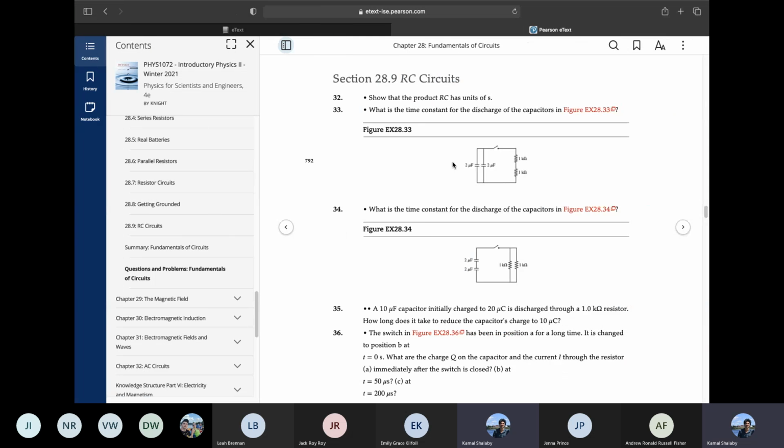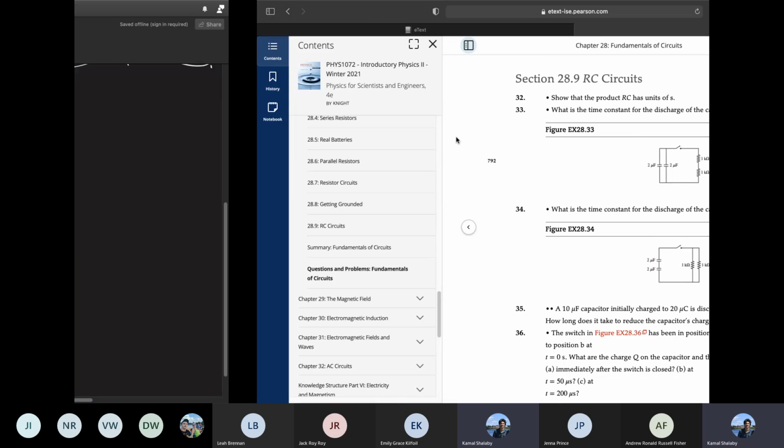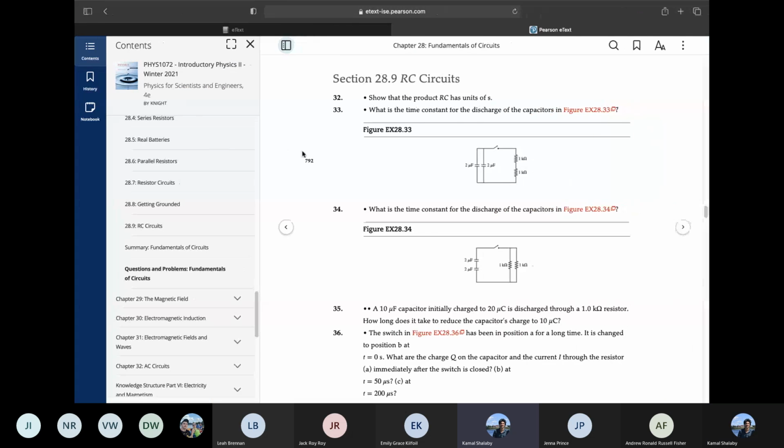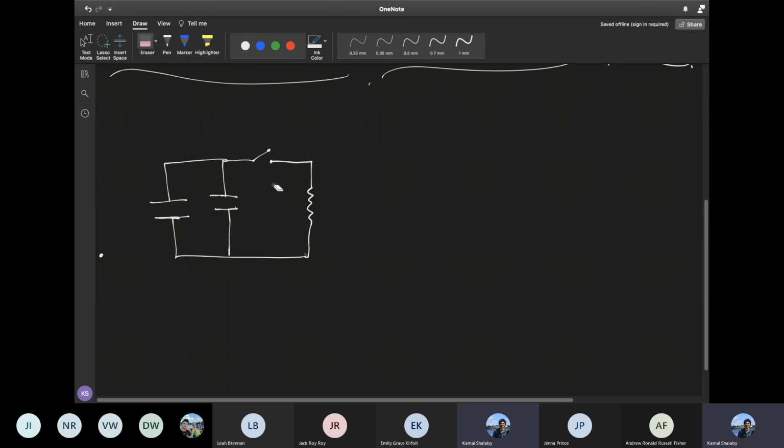Okay, so 33. What is the time constant for the discharge of the capacitor? Let's just draw this first. Oh, there's two resistors.